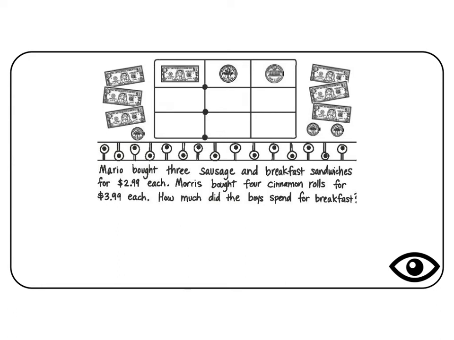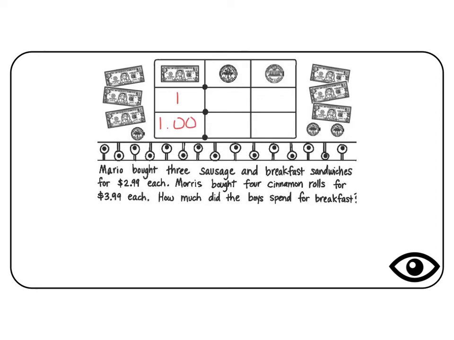All right, friends. All throughout decimals, we have been talking about how decimals relate to money. So today, when we multiply decimals, we're going to relate back to money. When we think about money and decimals, we know that a dollar is in the ones place. It is worth one whole.